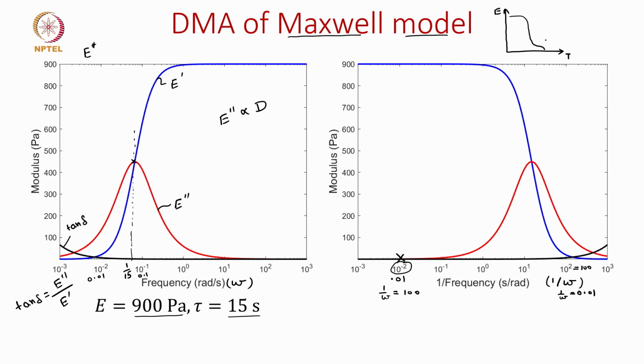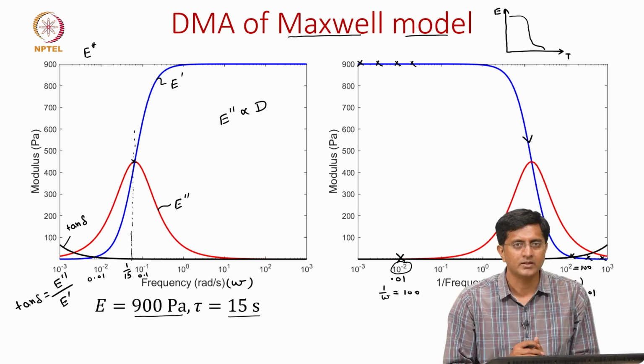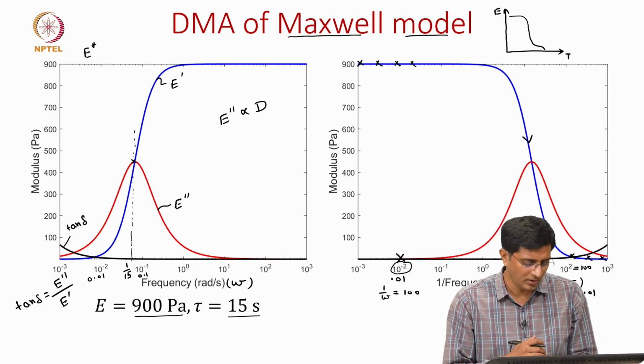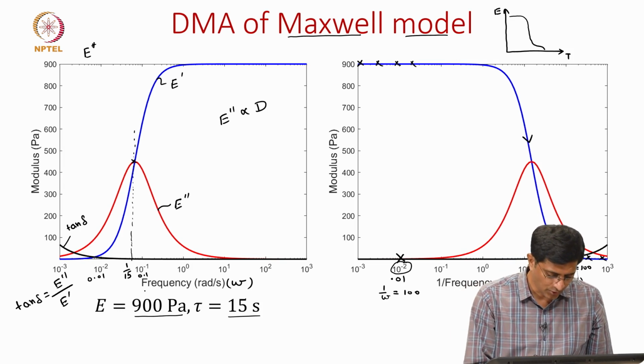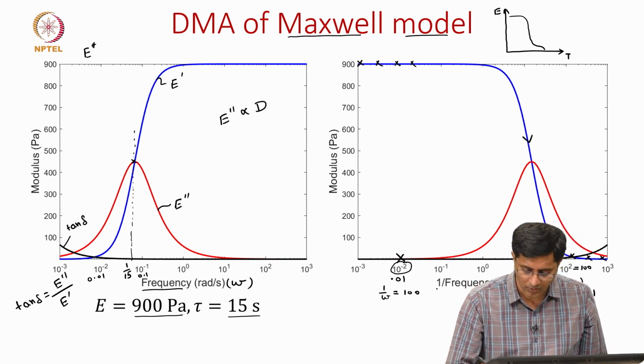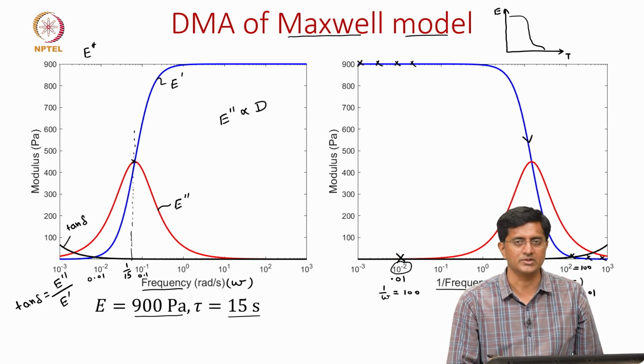It starts with a very high value like the values seen here, then at the relaxation times the modulus drops down, that is what we are seeing in this region, and finally the modulus reaches a low value here. That is the reason why, in addition to plotting with frequency, people also plot it as 1 by frequency.